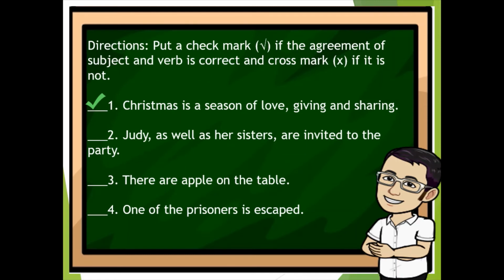The agreement between the subject and verb is correct. The subject in the sentence is Christmas. Christmas is a singular subject, so therefore it must take a singular verb. The singular verb is "is."